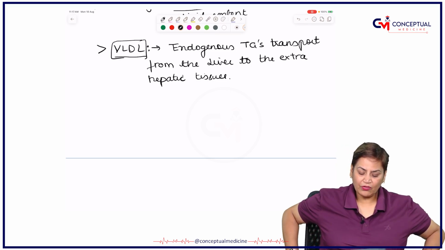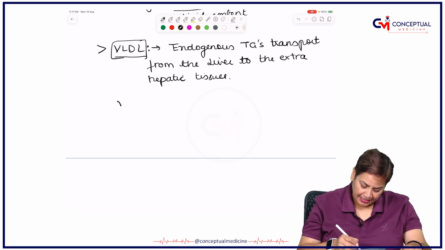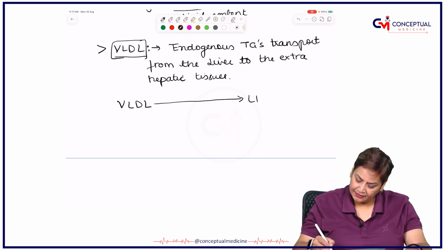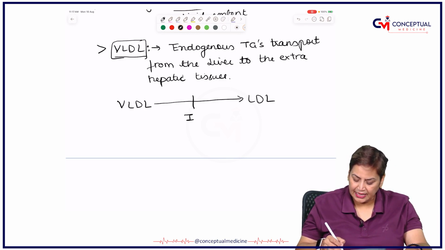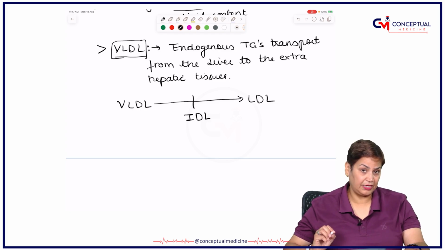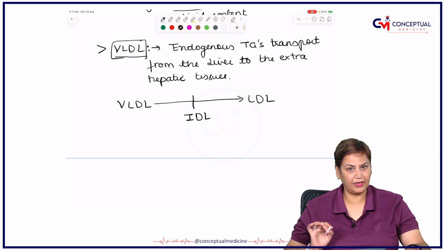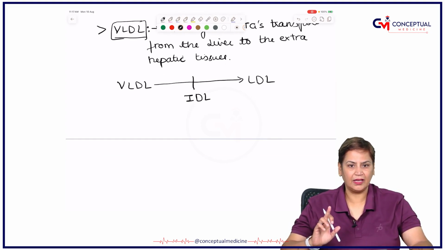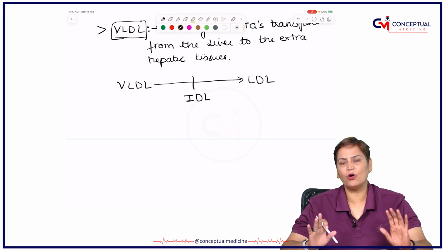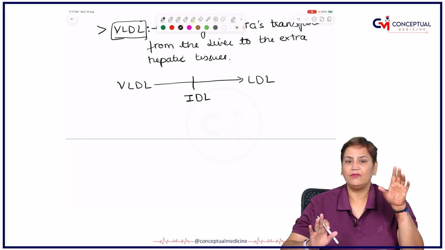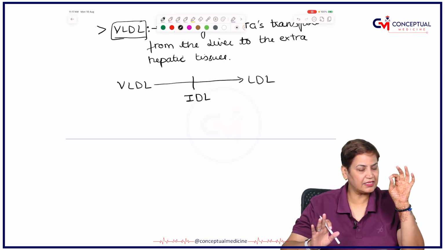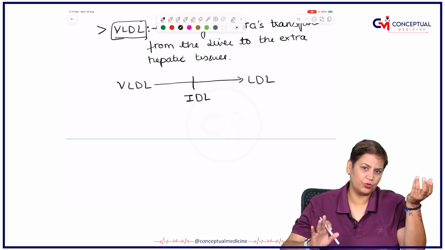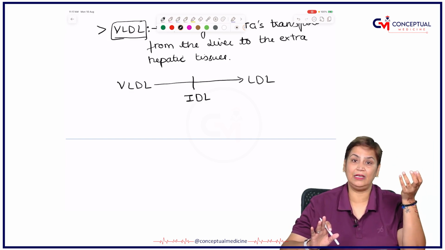So now what we are going to study is how this VLDL is converted into LDL, taking IDL as an intermediary density lipoprotein. Clear? Now always remember one thing: whenever we talk about the metabolism of lipoproteins, we have to consider the intestines, the liver, and mainly the adipose tissue, because adipose tissue is the main storage house of lipids.